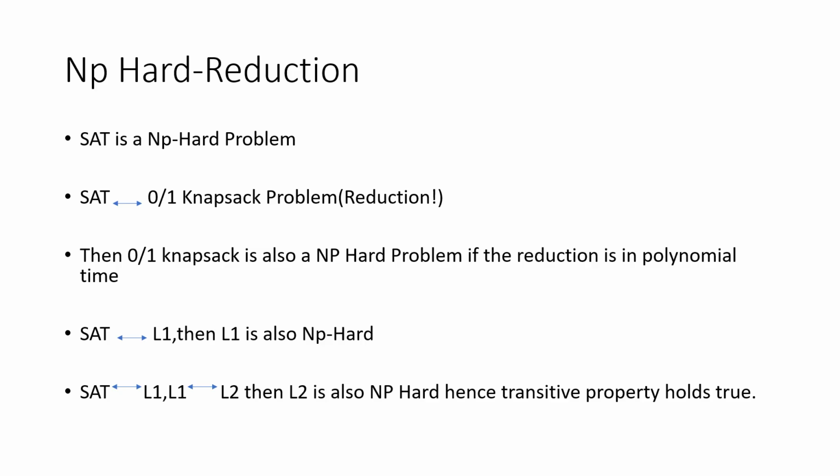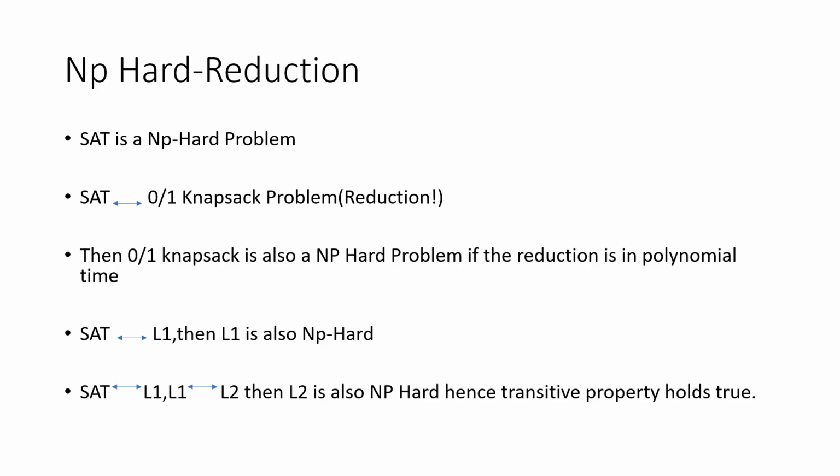It is also told that if I have a satisfiability problem solution which can be reduced to a problem L1, then L1 is also NP-hard, which you can understand from your second point, right? Satisfiability to 0/1 knapsack. And the fourth point of the PPT tells that the transitivity property also holds true.